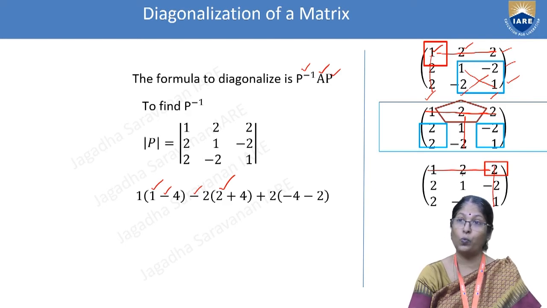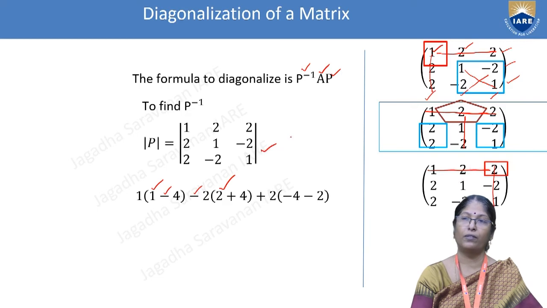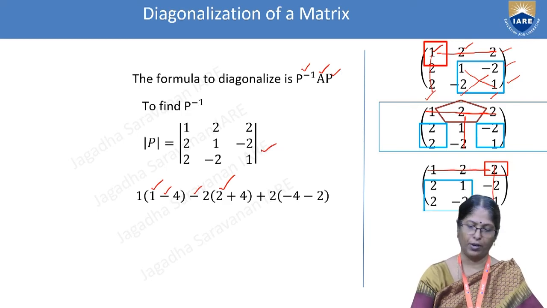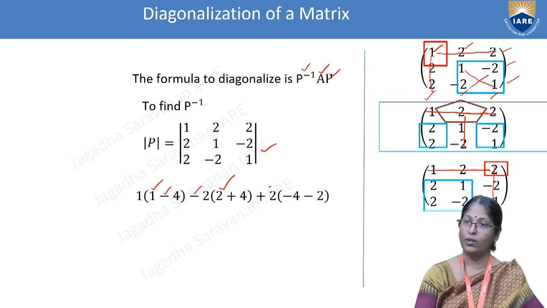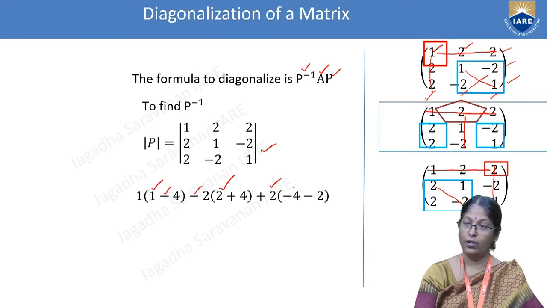The balance will be done for cross multiplication. That we have to adopt for finding the determinant. So this is the cross multiplication. So here plus 2 and cross multiplication minus 4, minus of this cross.